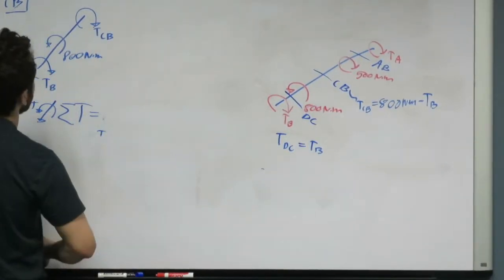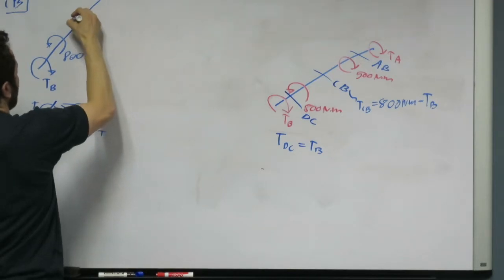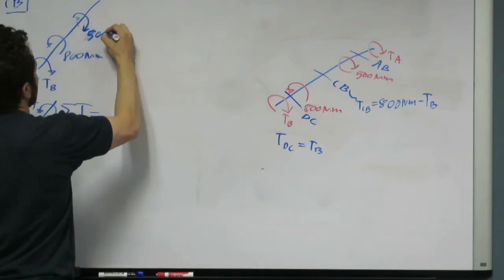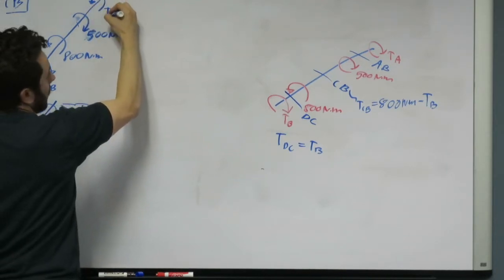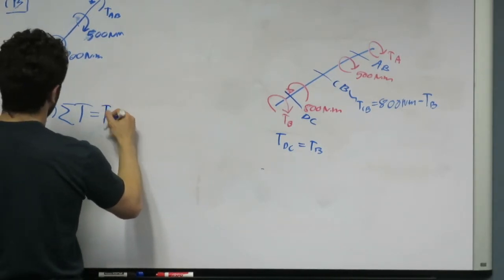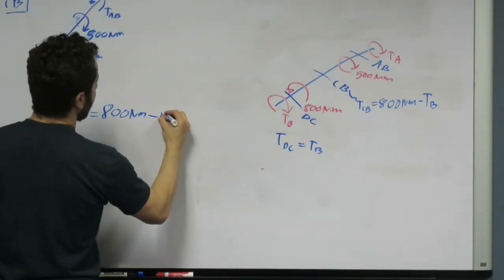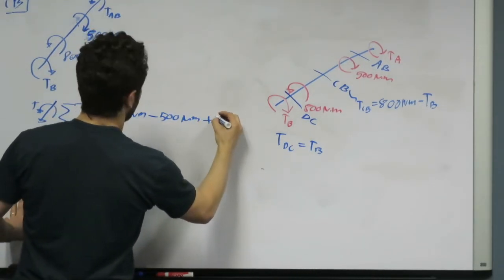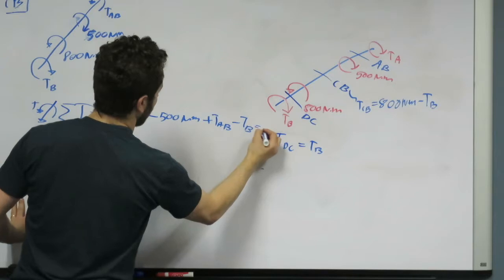Now, if we just extend this out a little bit here and add that 500 newton meters, and then we have a reactionary TAB, we get the same thing. 800 newton meters minus 500 newton meters plus TAB minus TB equals 0.